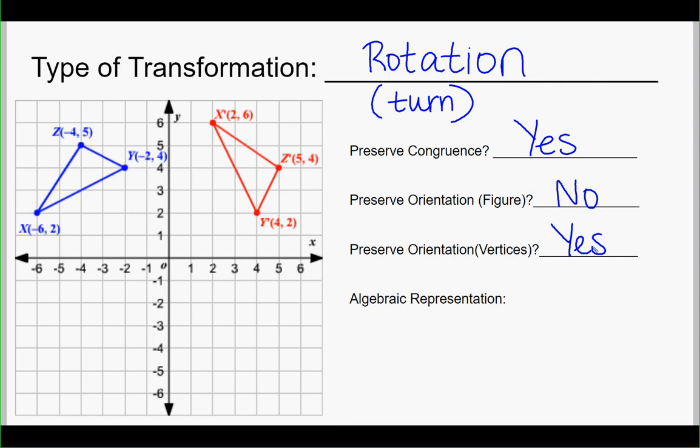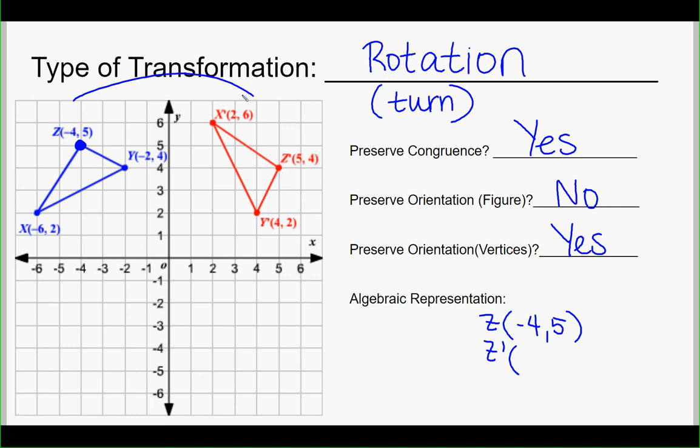Now let's look at the algebraic representation. Again, pick a coordinate. What coordinate do y'all want to look at? Z, sure. Let's pick the original Z, which is at -4, +5. And after a rotation, can anybody tell me how many degrees and which direction we rotated?